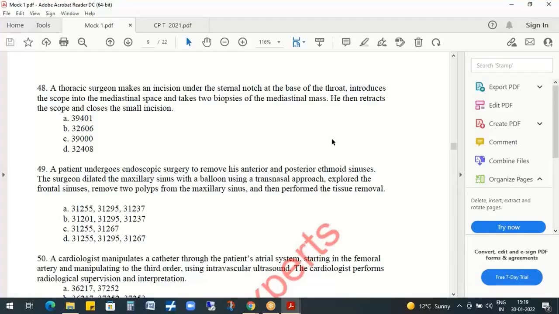He then retracts the scope and closes the small incision. 3, 9, 4. Actually, I have coded B, B for Bombay. But answers are given A or B. So B is correct, I think.